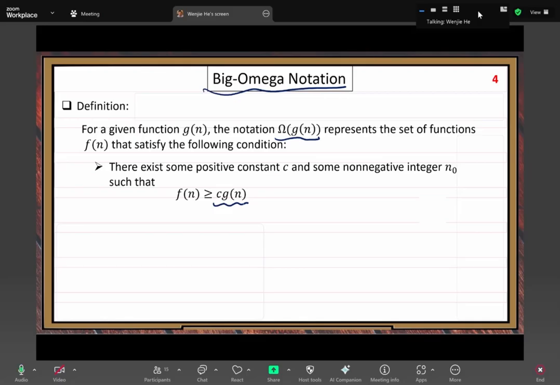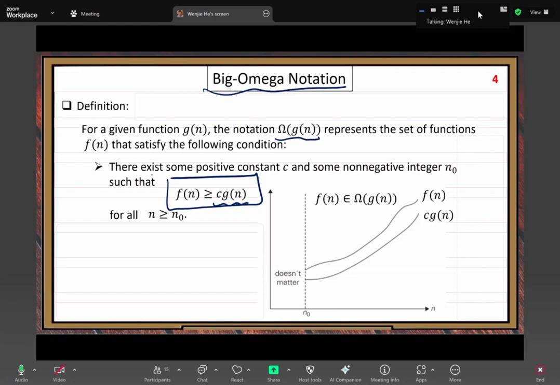All the remaining parts are the same as those of big O notation. We only change the inequality here. Then it's also sufficiently large. From the graph you can see we approximate f function from below using the C constant multiple of g function. One up, one below.